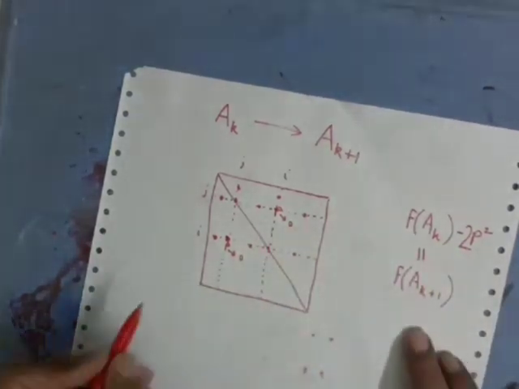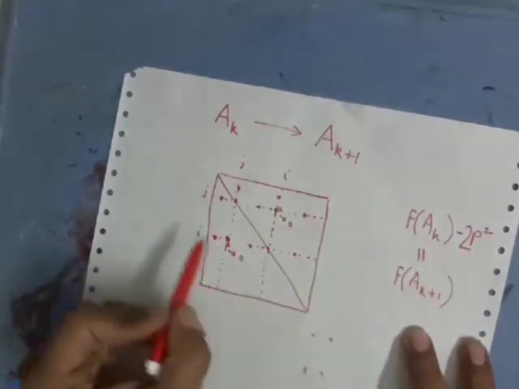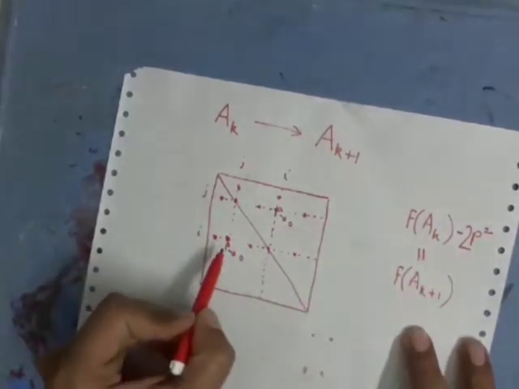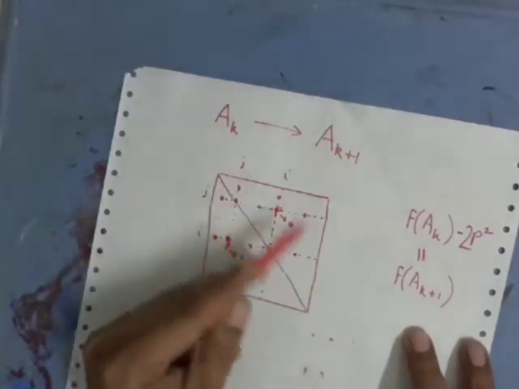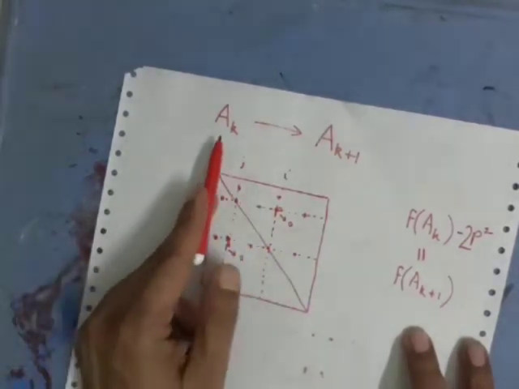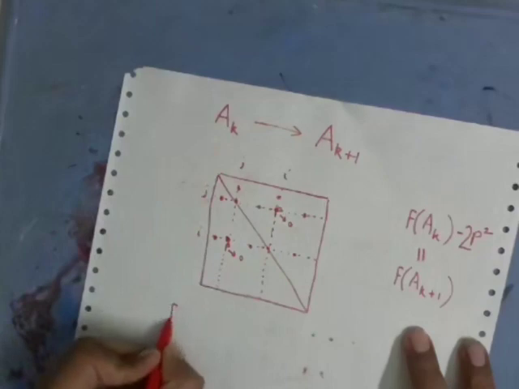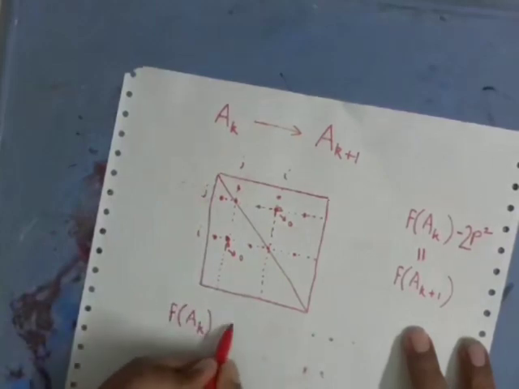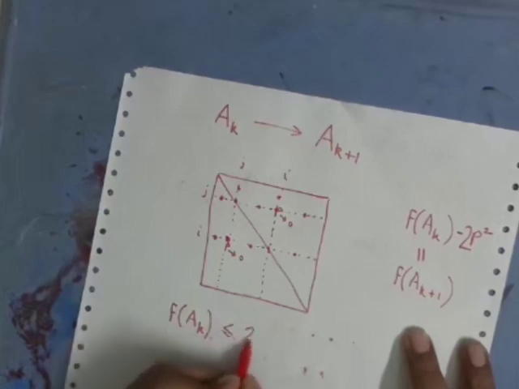Now remember that p was the entry with the maximum absolute value among all the off-diagonals in A k. As a result, by the argument that I have already mentioned, f of A k must be less than or equal to twice N p squared.